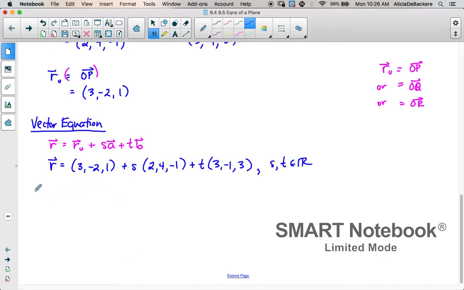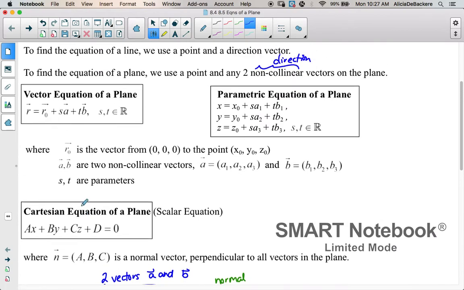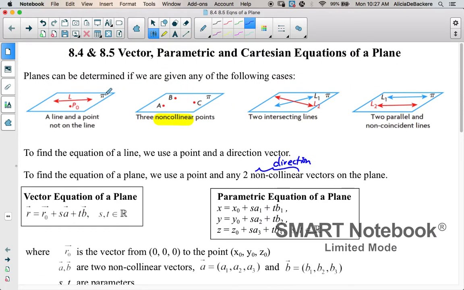All right, so next we're going to do the parametric equations, which are very much related to the vector equation. So we're just taking this apart. We're going to take the x coordinates out of here. And you're often going to see that we define planes, and you saw this on the diagram up here maybe, that they have this little pi symbol.